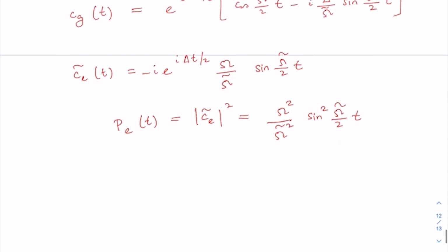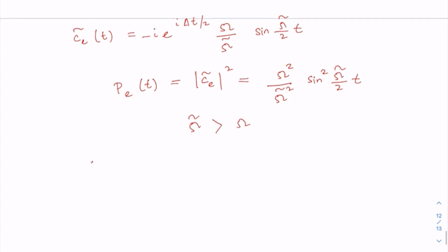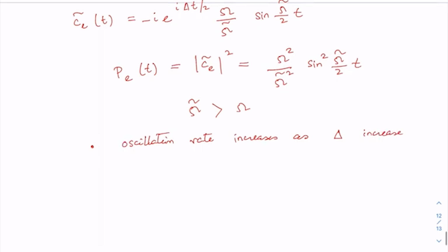Thus we notice that the Rabi oscillations now occur at the generalized Rabi frequency omega tilde, and omega tilde is greater than omega. So clearly this means that the oscillation rate increases as the detuning increases, because as detuning increases omega tilde increases.